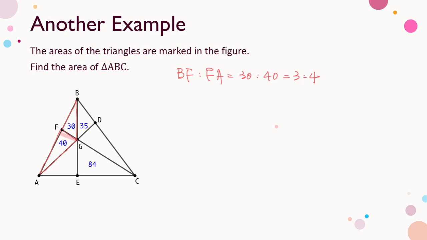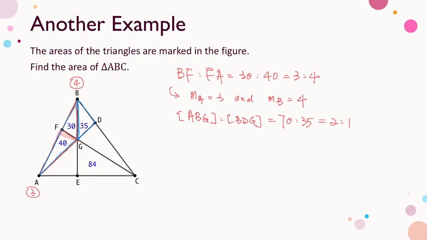Assign a mass of 3 to A and a mass of 4 to B. Now, the ratio of the area of triangle ABG to BDG is 2 to 1. Since the two triangles share the same height, we have AG to GD equals 2 to 1.